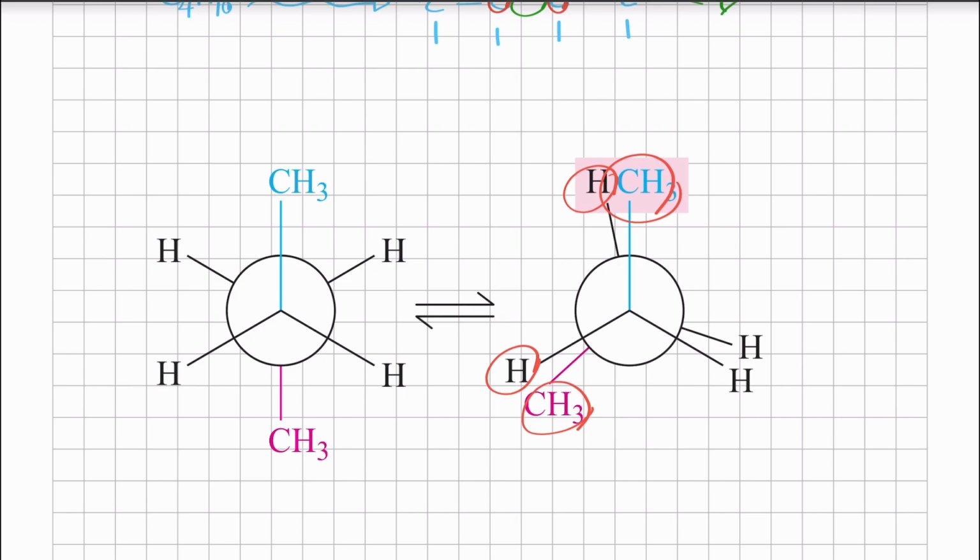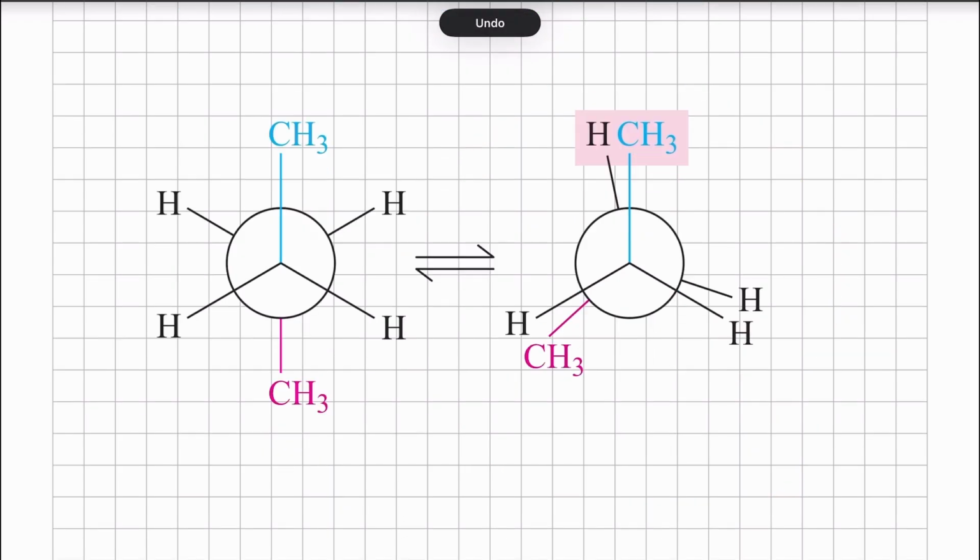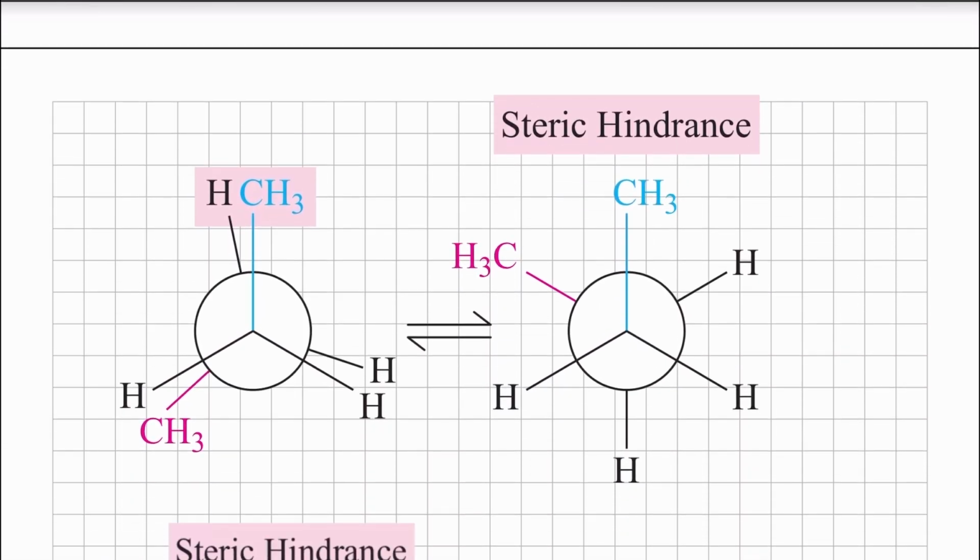Great. Now let's try to rotate this molecule another 60 degrees. Now look here. If we rotate it one more time, we can see that two methyl groups are getting closer. That's fine.